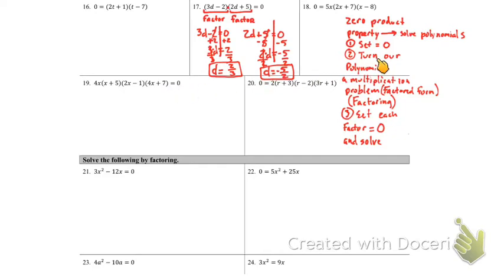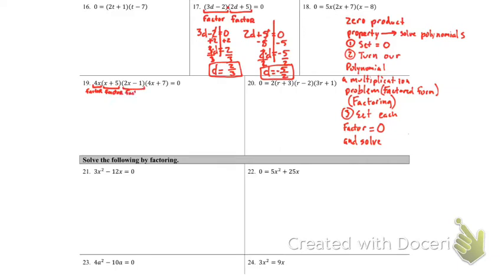Step 2, do we have to factor it, or is it already in factored form? Do I have things just multiplying with each other? If you notice, we actually have things multiplying with each other. This is a factor. This is a factor. And the definition of factor is something that multiplies with something else.